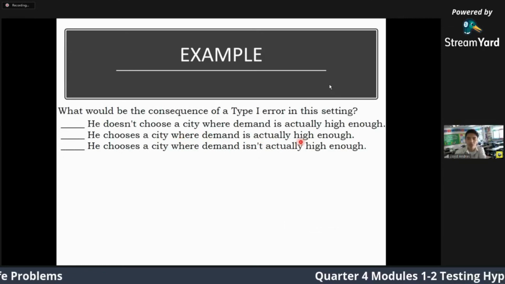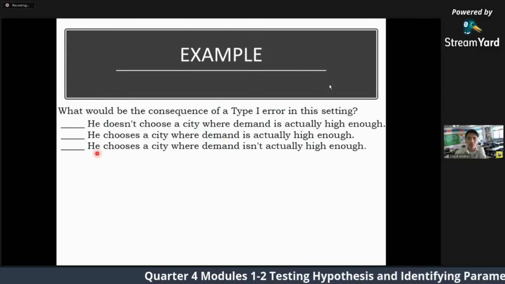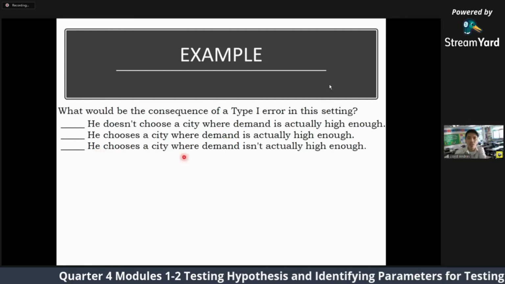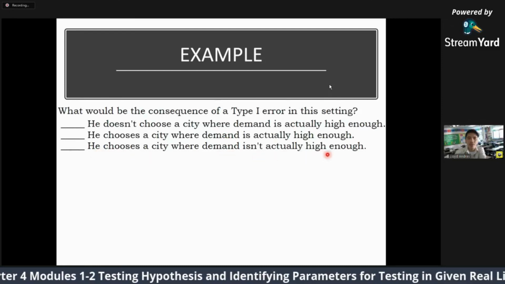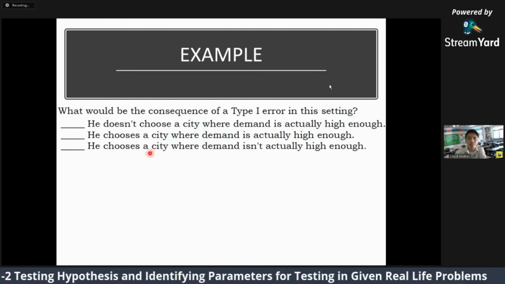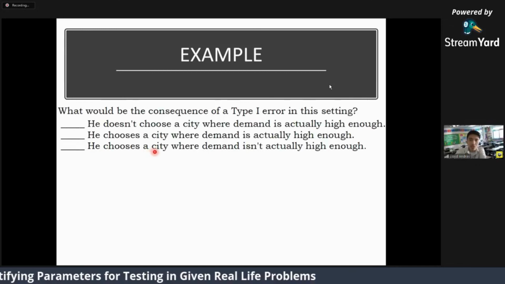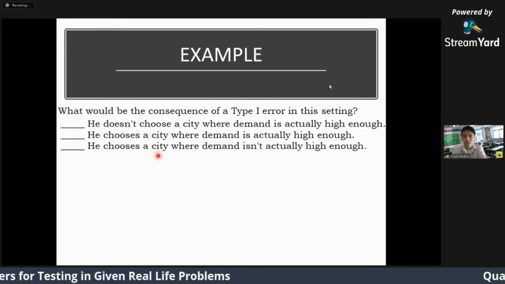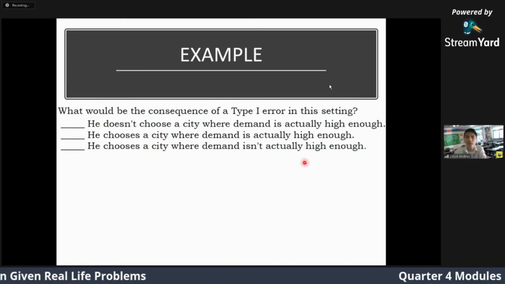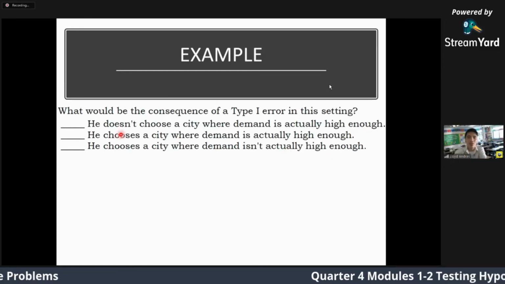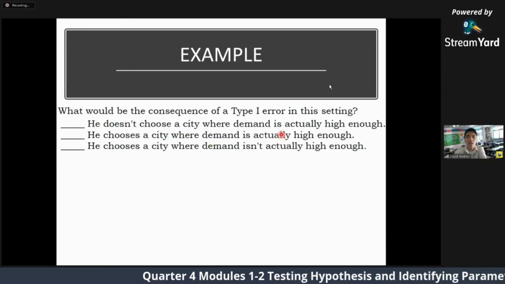So this is a correct decision. Third, he chooses a city where the demand isn't actually high enough. This is a wrong decision, because he chose it but it is not high. For the first, he doesn't choose it, but it is actually high.